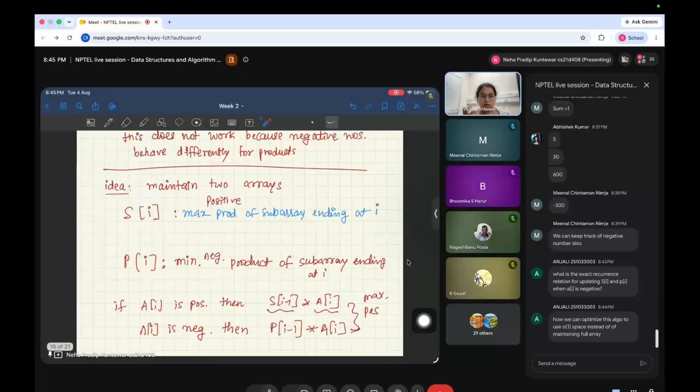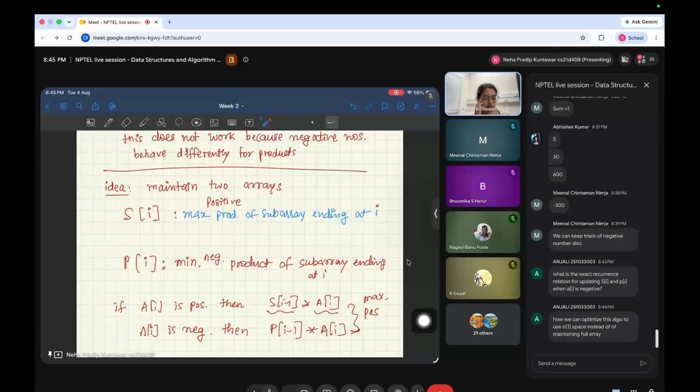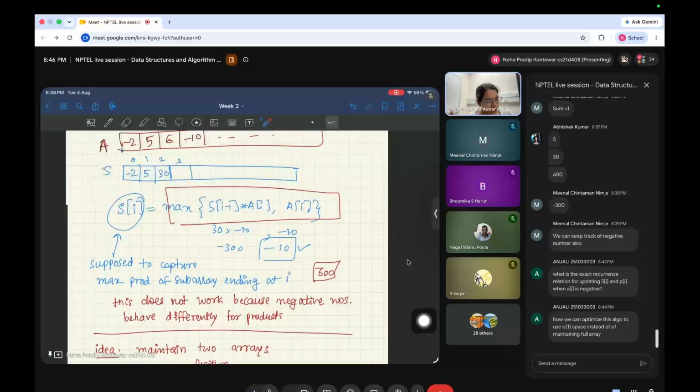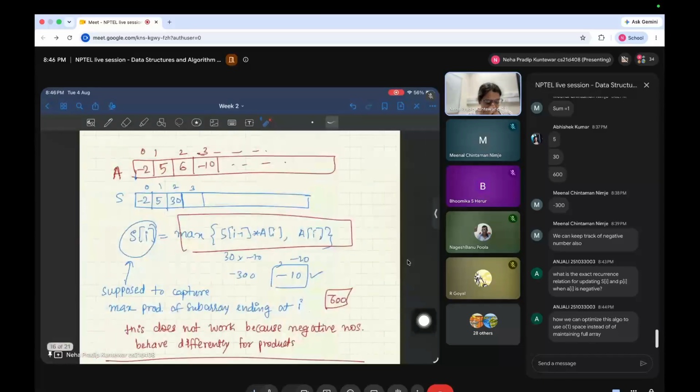Now next thing we want to make sure, if I want to write this as a single relation, is that I want to select S of I minus 1 between S of I minus 1 and P of I minus 1. But anyway, the recurrence does not make sense, because when we write it as an algorithm, you will end up writing something like this, right?